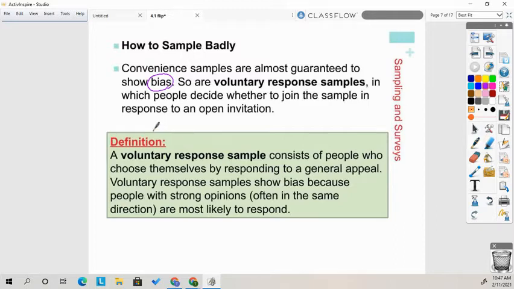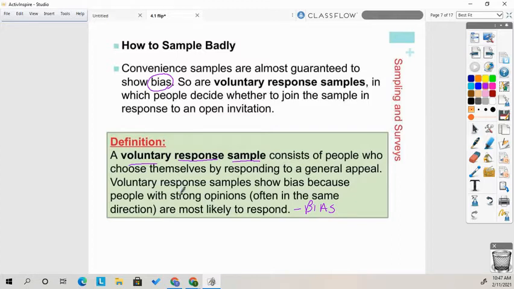Another type of bad sampling, besides convenience, is something called a voluntary response sample. Oh, this is horrible too. So this also introduces a ton of bias. A convenient sample is when you make the mistake and ask who you want.